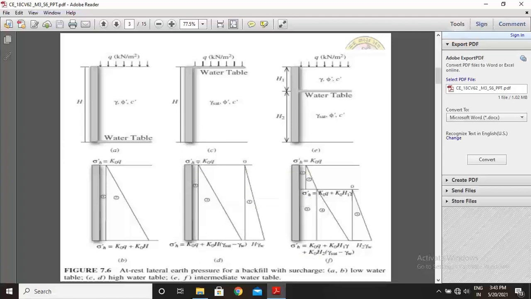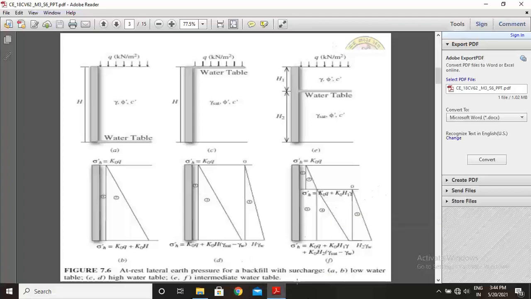Number one is the rectangular diagram due to K naught into Q, and number two is the pressure distribution diagram with respect to backfill with submerged density, that is K naught into H into gamma saturated minus gamma W. And this third pressure distribution diagram is with respect to water, that is the water pressure, H into gamma W. So the total lateral earth pressure is sigma h dash equal to this plus this plus this, that is K naught into Q plus K naught into H times gamma saturated minus gamma W plus H into gamma W. This is the total lateral earth pressure of these diagrams.